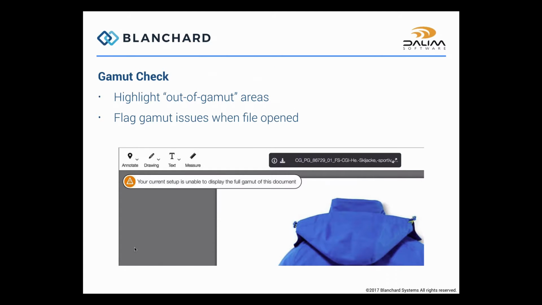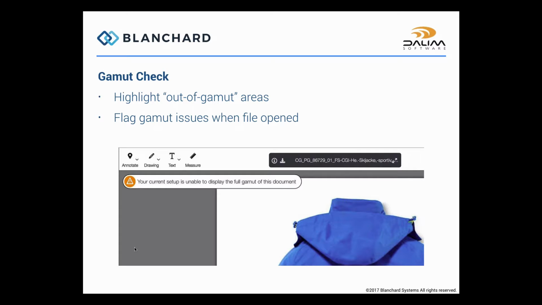There is also now in Dialog a gamut check functionality. And this gamut check allows you to find any areas in your image where either the simulation profile or your monitor profile might have some out of gamut areas in there. So really what it does is there's two sides of this coin. The first is there's an option to highlight any out of gamut areas.